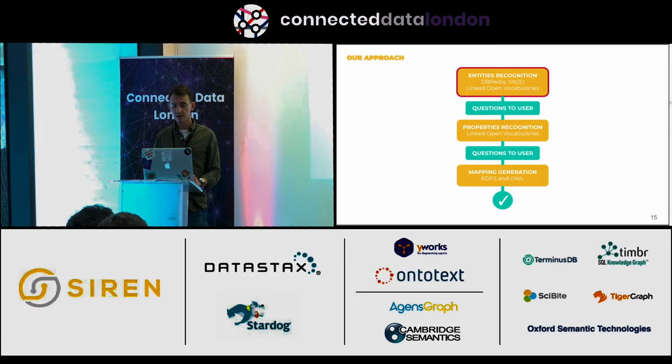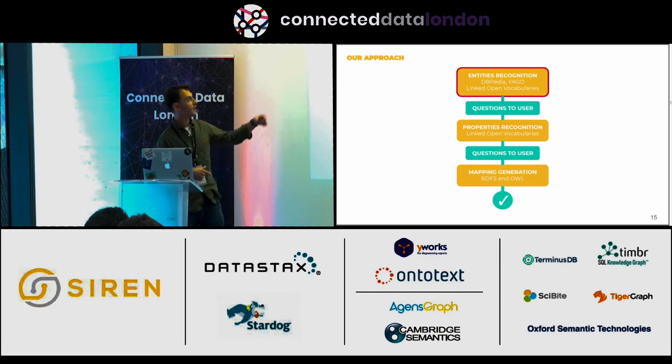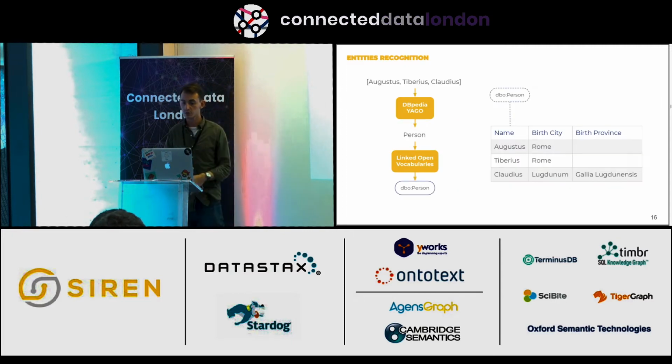Entities recognition: the goal of this process is to identify the type of entities we have in our structured data sets. To do so, we extract some values in each column, and we search for these values in existing knowledge graphs, for example DBpedia and Yago, but we could use other knowledge graphs.